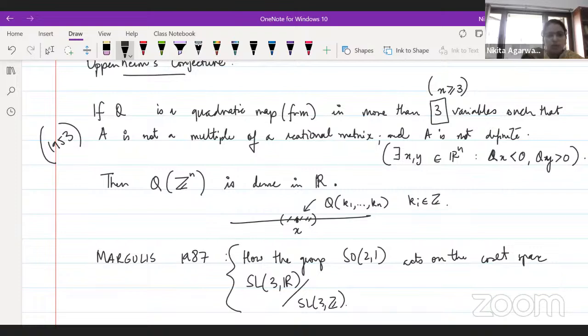He used techniques from ergodic theory to prove this, and this area of dynamics is called homogeneous dynamics.